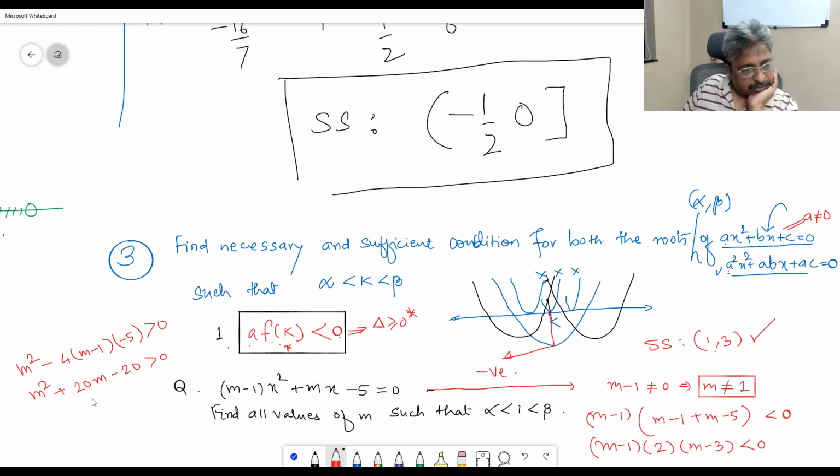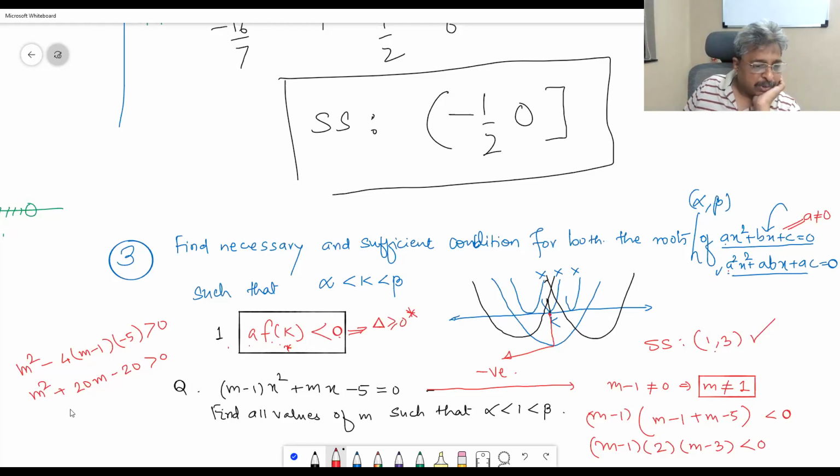So what is this condition now? Delta greater than 0 gives us what? Solution set. It is going to give us a bigger solution set than this, and therefore this is going to be the winner.